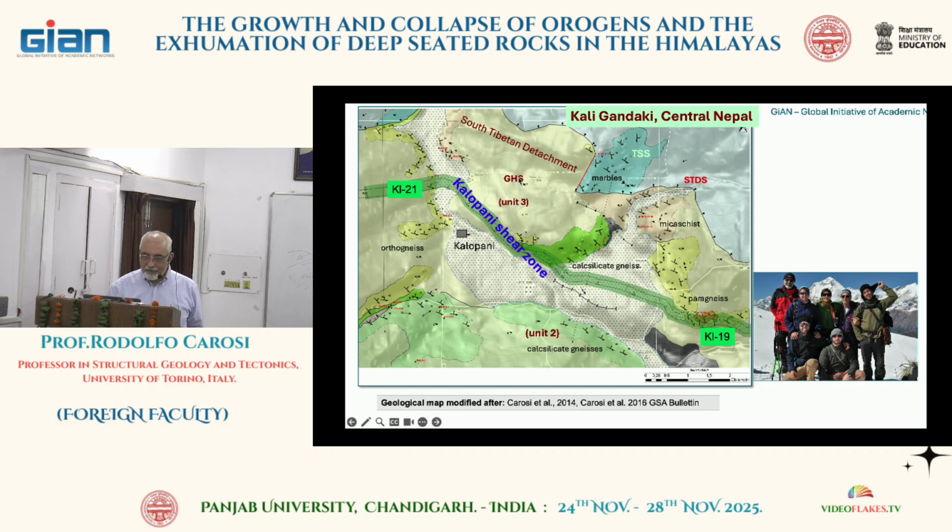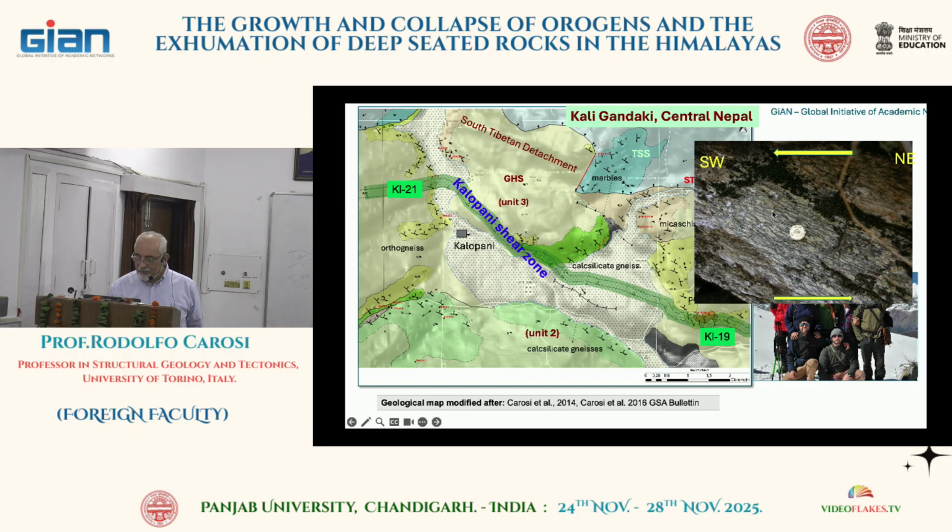So we have here unit 3, the upper part of the Greater Himalayan sequence. This is more or less the thickness of the Kalopani shear zone, with augen orthogneisses, calcsilicate gneisses, and also mica schist. We took two beautiful samples here, in the mica schist, garnet and staurolite mica schist, and in the orthogneisses.